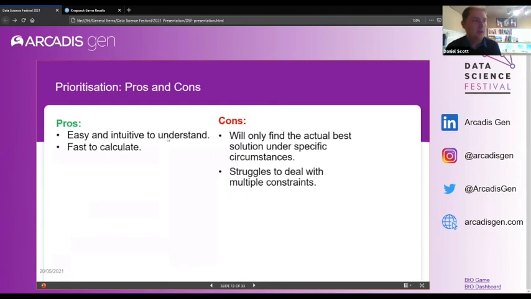So if we have a look at the relative pros and cons of using prioritizers. One big pro of a prioritizer is they are easy and intuitive to understand. They play to our natural inbuilt instincts as to how things should work, even though they don't.